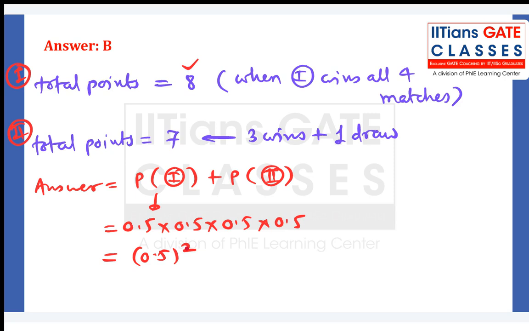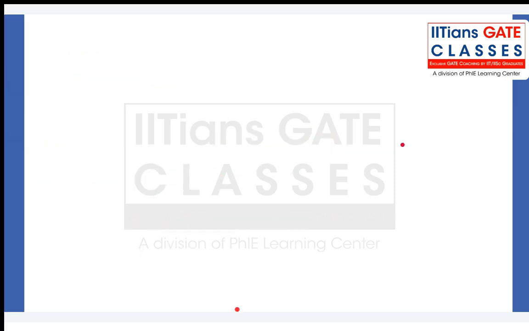So the first half of the question is done. Now let's talk about this. You want 3 wins and 1 draw. You have a total of 4 matches and you need 3 wins.